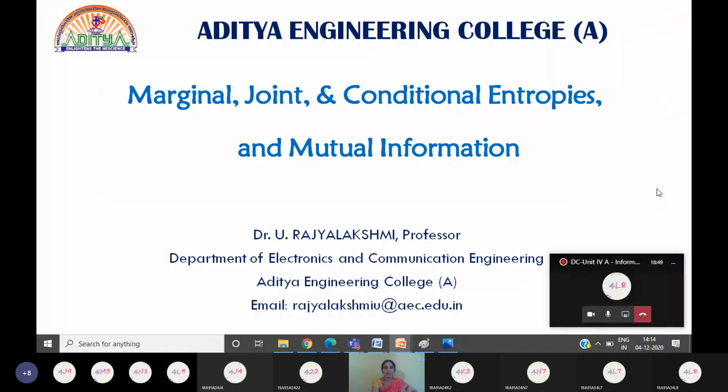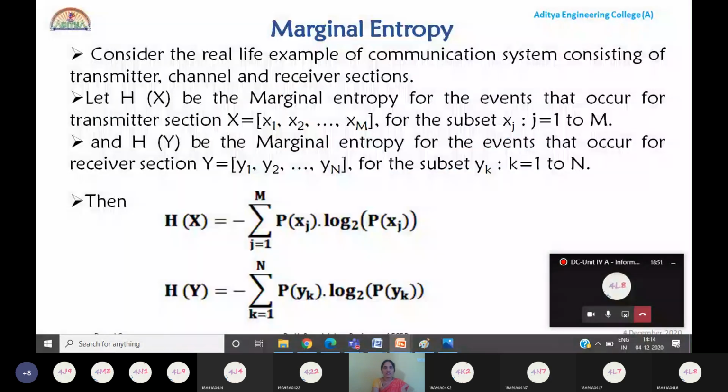So we can start with the marginal entropy, as I already said. Marginal entropy is also the average information content provided by the discrete memoryless source. For example, H of X is the marginal entropy for the events that occur at the transmitter section.